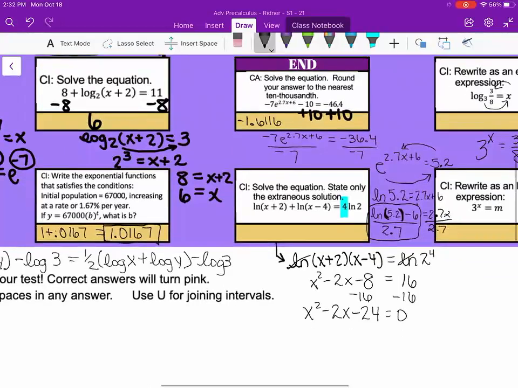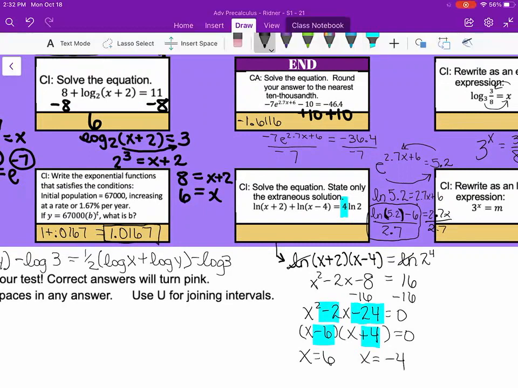Why? So hopefully I can factor. And so how do I factor, in case you forgot? What multiplies to get negative 24 but adds to get negative 2? That is negative 6 and 4. So x would have to equal 6 and x would have to equal negative 4.